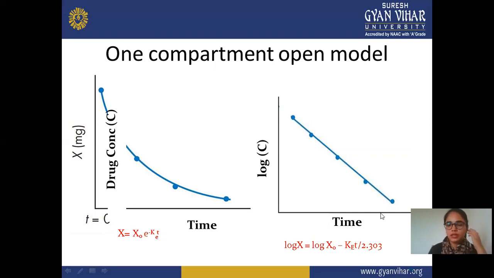In this graph, we receive the equation in logarithm form: log X is equal to log X0 minus Ket divided by 2.303.